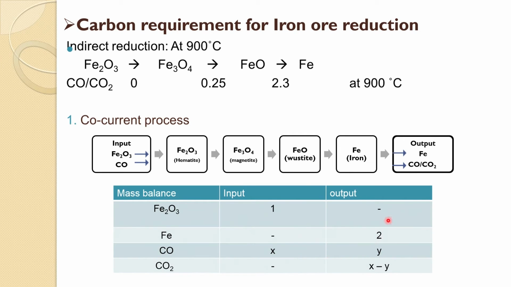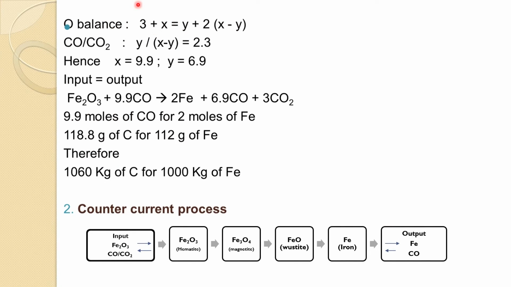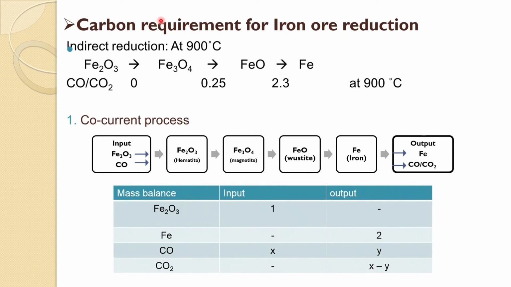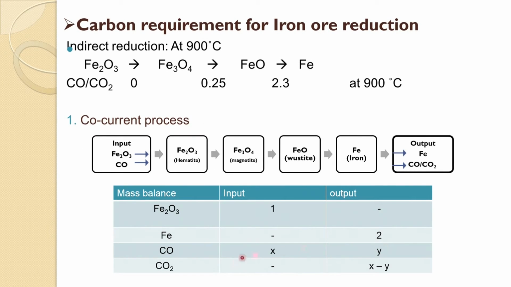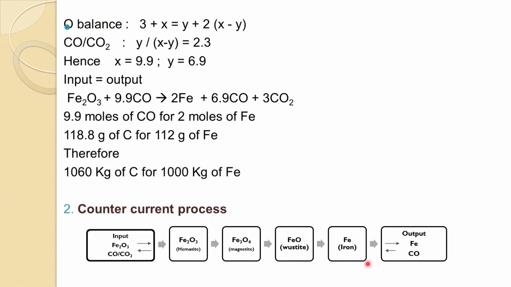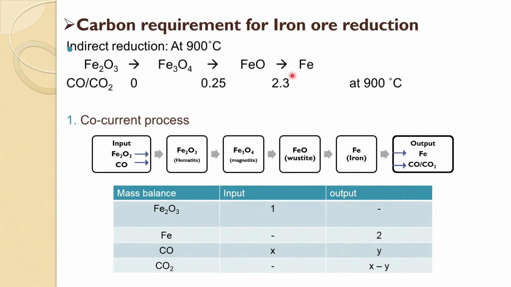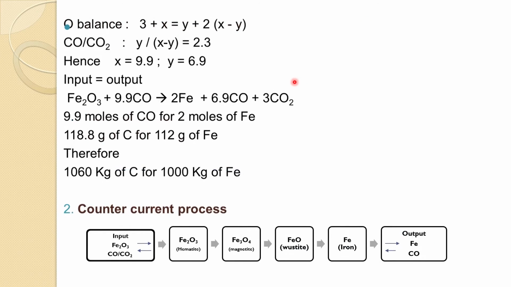Now, based on this you can do the oxygen balance and CO2 balance. So, oxygen balance here 3 and 1 in the CO: 3 plus x equal to y output plus 2 times (x minus y). Similarly you can do the CO-CO2 ratio, and that is, as we have mentioned, 2.3.